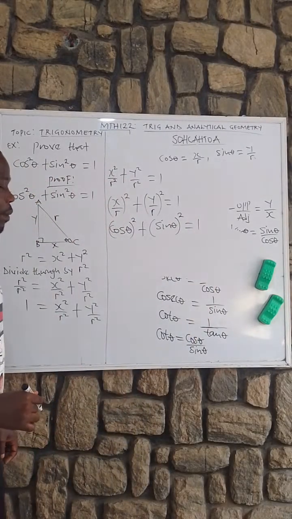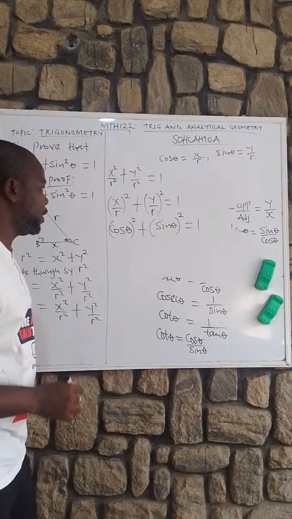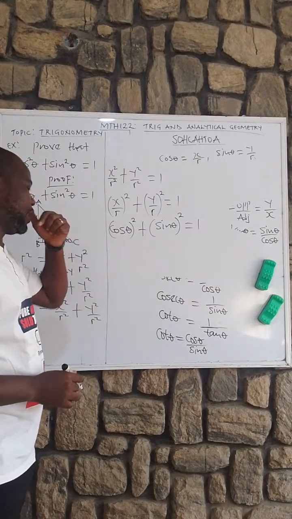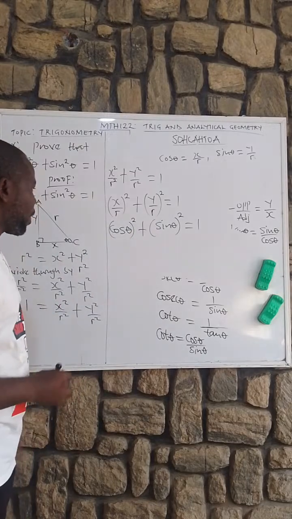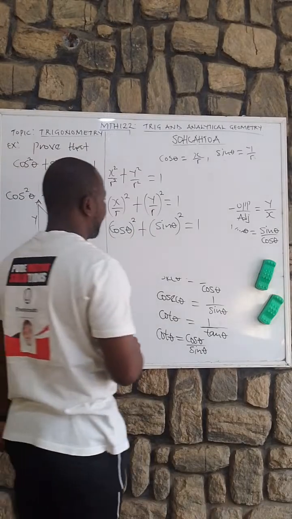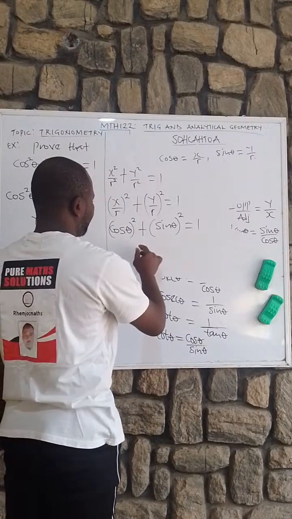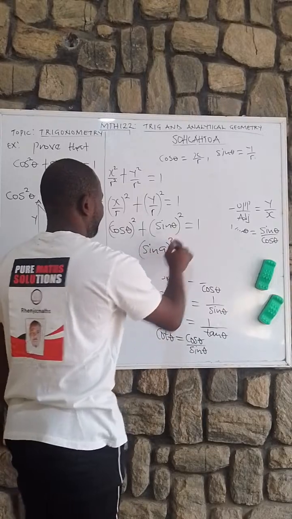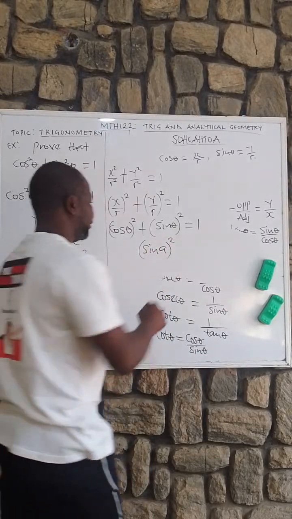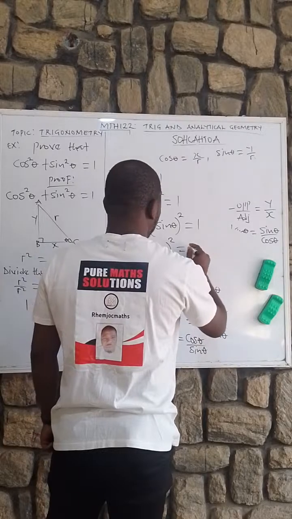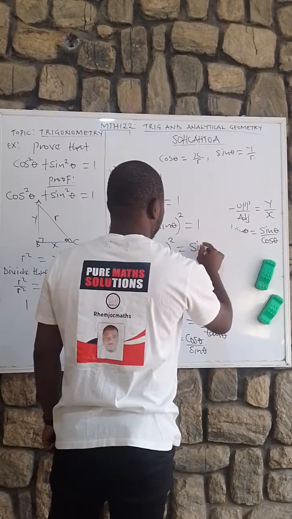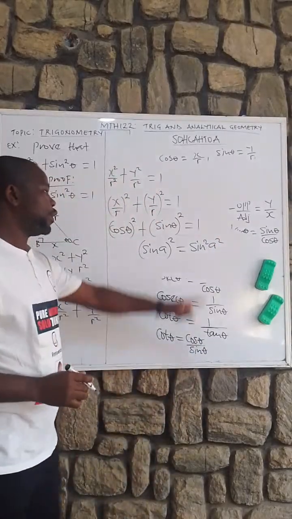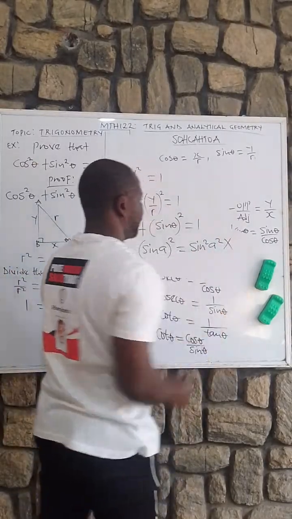As long as trigonometry and trig identities are concerned, if we have sine a all in bracket square, you cannot write it this way, sine square a square. No, this is wrong. Take note. Is that clear?